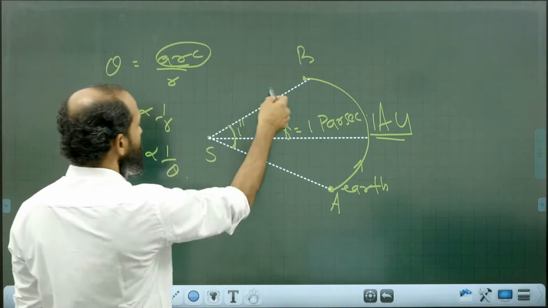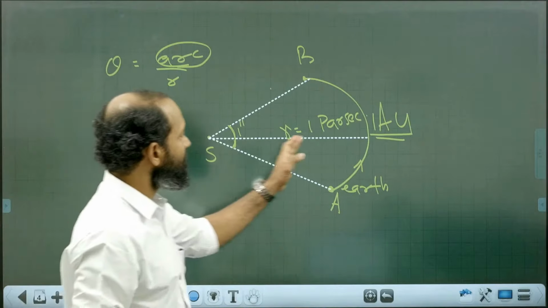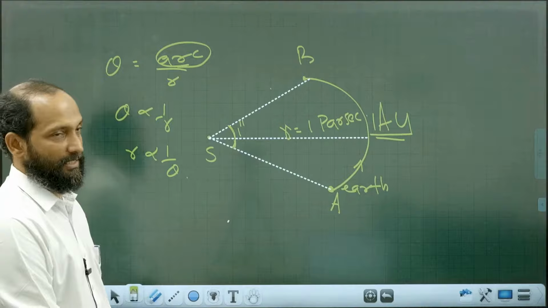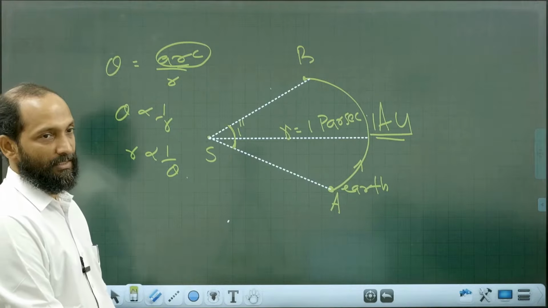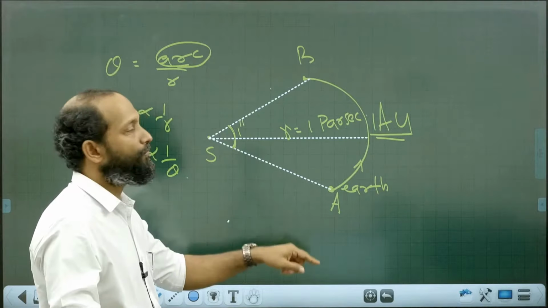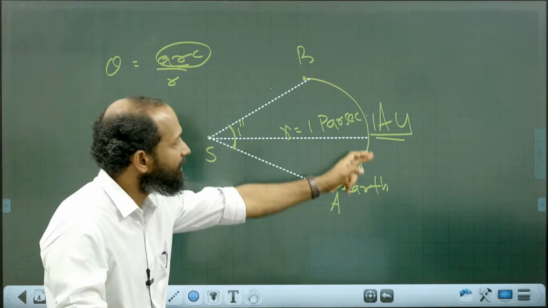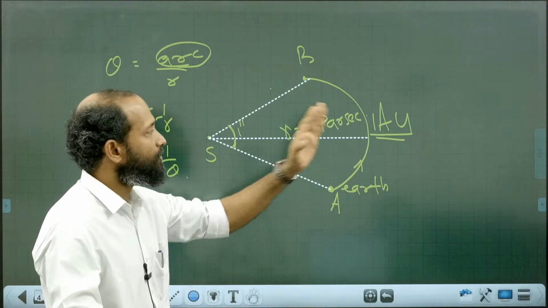If theta doubles, r is halved. So this distance will be half a parsec for 2 seconds of arc. For 1 second it is 1 parsec, provided the arc distance is 1 astronomical unit.